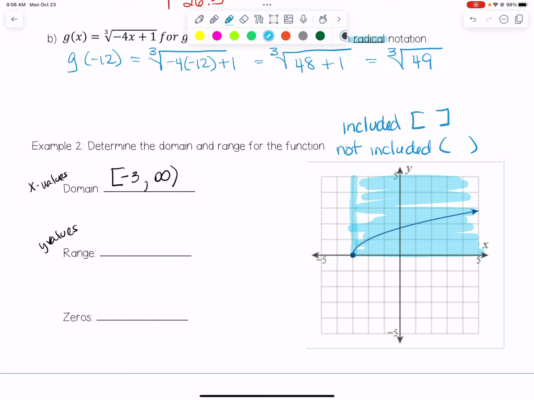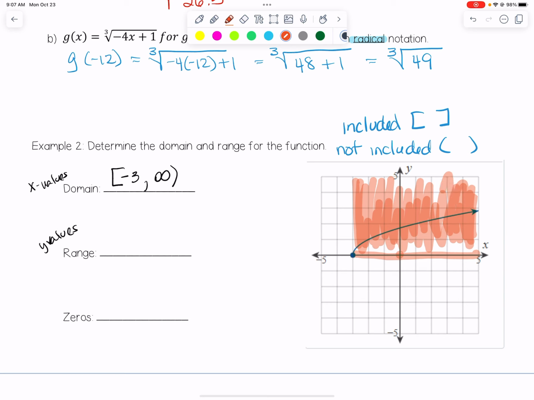And so now I'm going to shade it in a different color. And so now I'm looking at everything. The first y value is right here, and everything above that axis. So the shading looks a little bit the same, but the y is above the x-axis, and then the x goes from the -3.